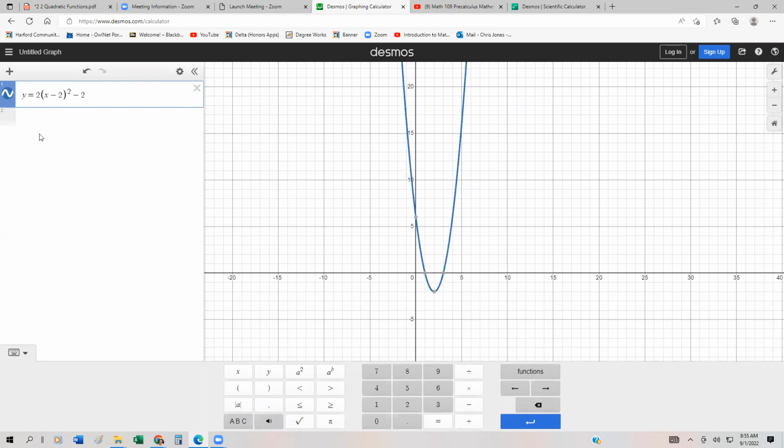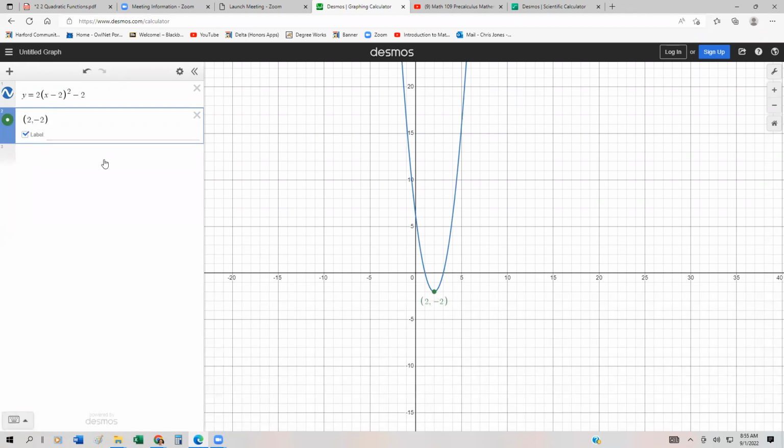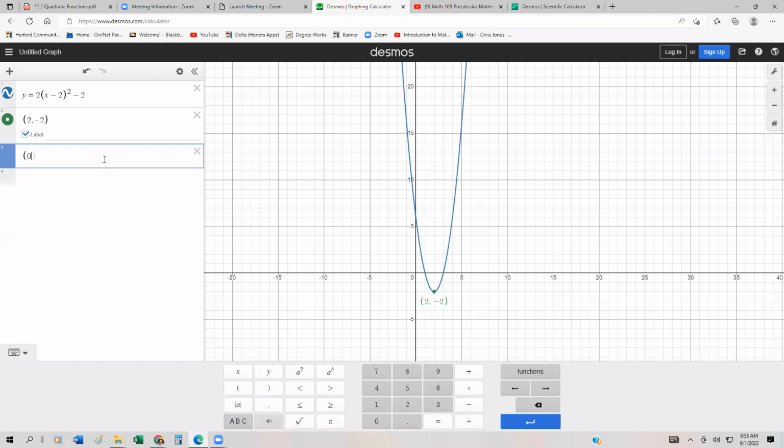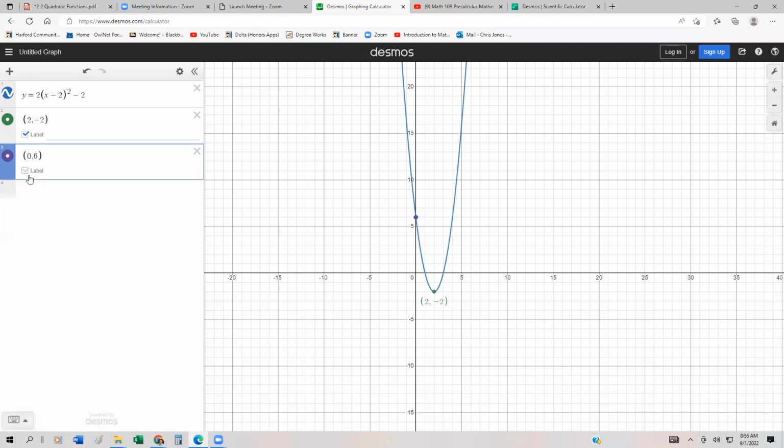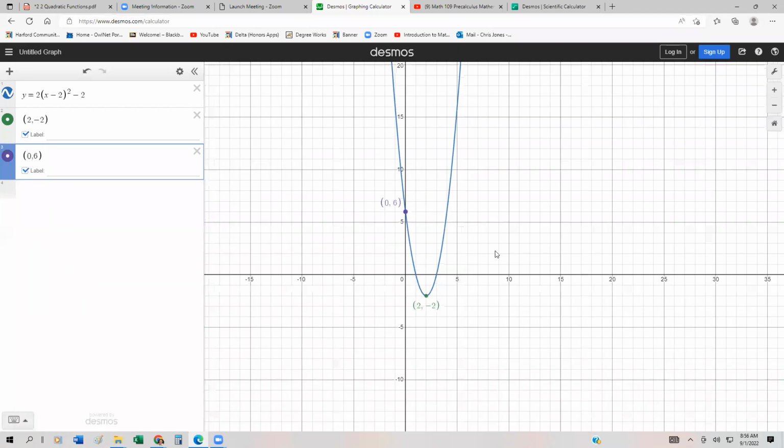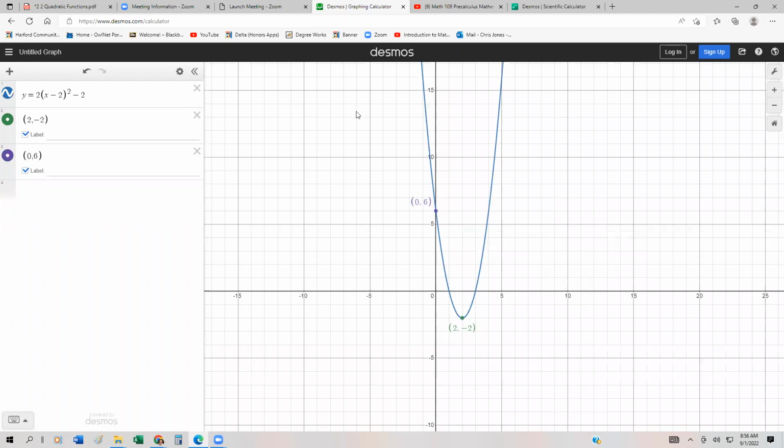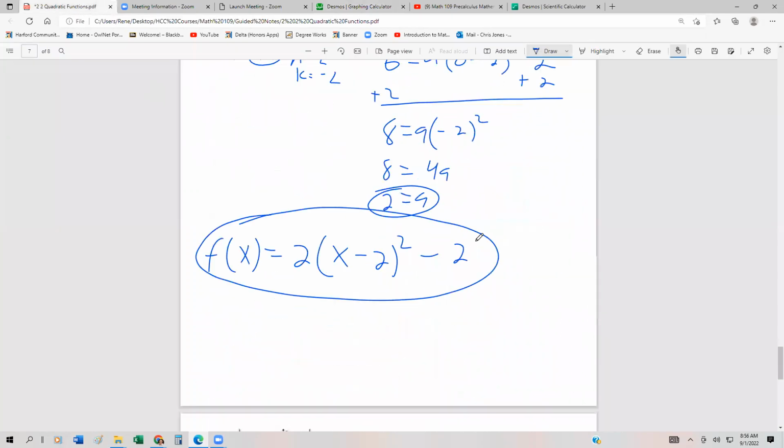Remember, we had the point (2, -2) on the graph, and that was our vertex, which it is. And then we also had the intercept of (0, 6) that should be on the graph, which it exactly is. So that's a way that you can check your answer, just to make sure that once you get this standard form, it makes sense.